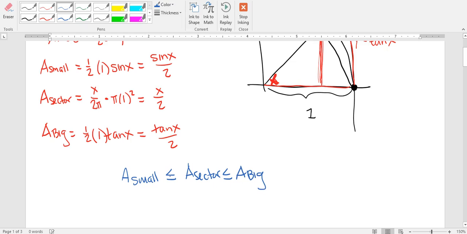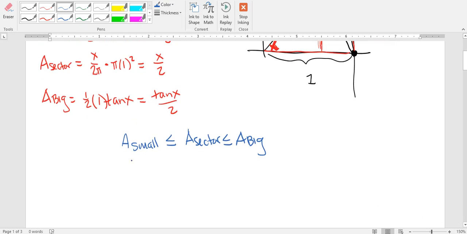We can see that by the connection in the GeoGebra construction. So filling in the different values we had, sine x over 2 is less than or equal to x over 2, which is less than or equal to tangent of x over 2. Just substituting in those area values that we just found.